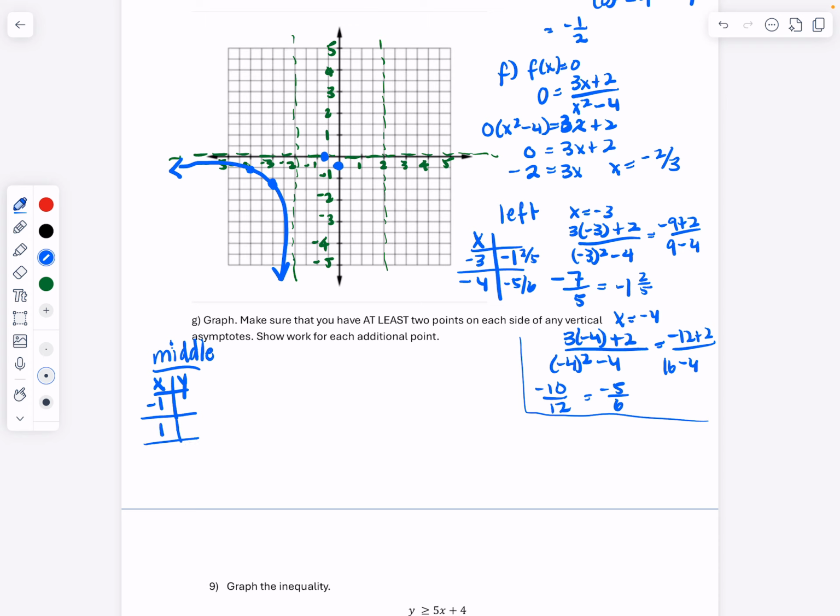Okay, so I'm going to plug this in. 3 times negative 1 plus 2 over negative 1 squared minus 4. Negative 3 plus 2 over 1 minus 4. So negative 1 over negative 3, which is 1/3. Okay, so negative 1, 1/3.